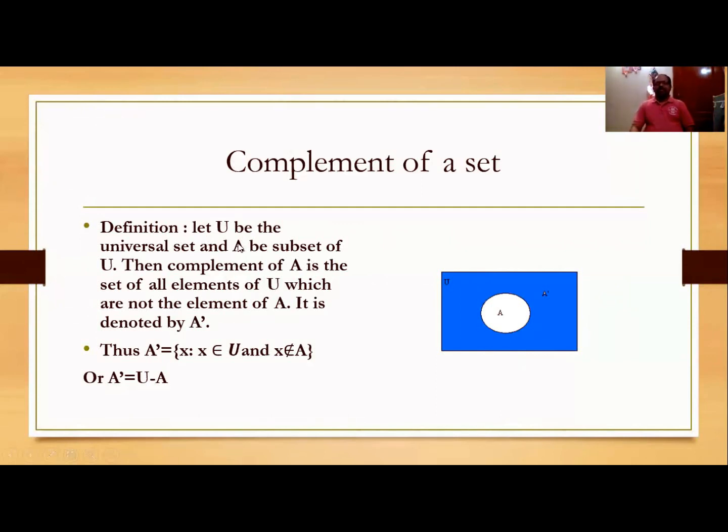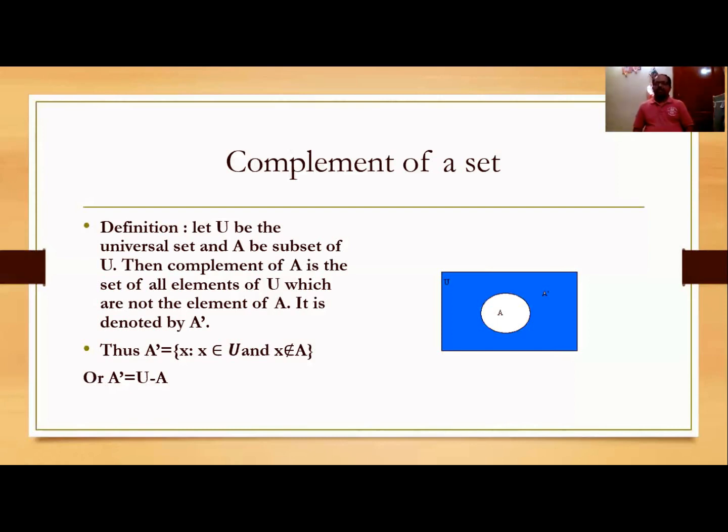If A is a subset of U, obviously any set is always a subset of a universal set, then the complement of A is the set of all elements of U which are not elements of set A. So that is called the complement of a set.